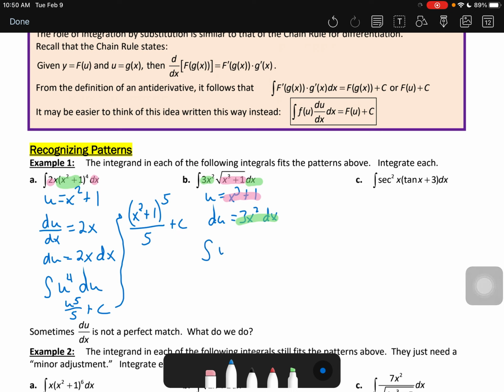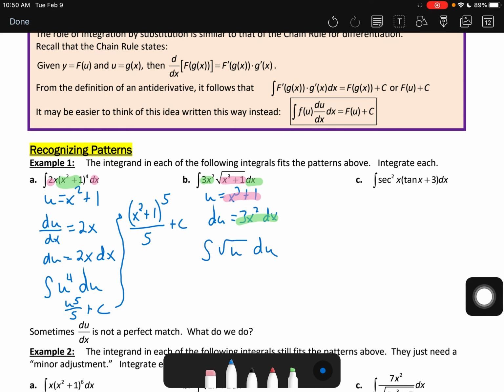The square root of u is representing the square root of x cubed plus 1, so I'm letting u equal that. The derivative of u is going to be 3x squared dx, so the 3x squared and the dx just get replaced with the du.